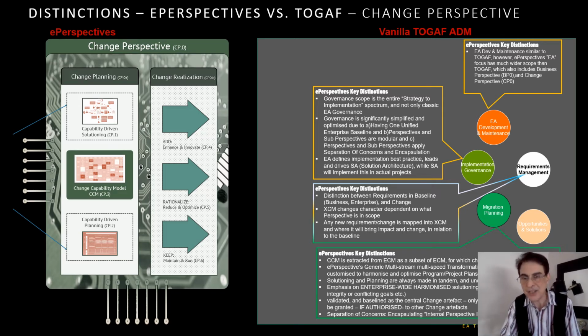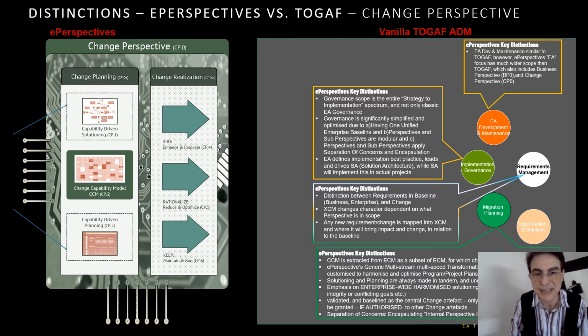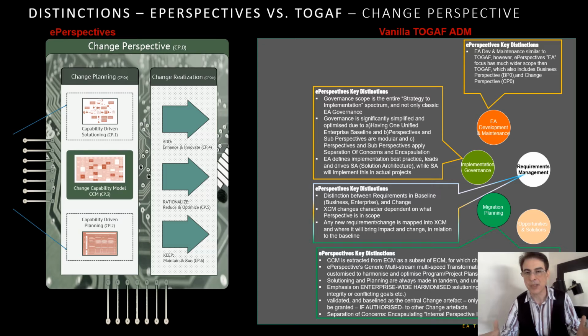Based on this, we identify opportunities and solutions, and we start going down the path of migration planning, which becomes a version of what we refer to here as the CCM, or change capability model, hence a subset of the ECM, enterprise capability model, but this subset only touches upon the areas in which we're going to implement changes.